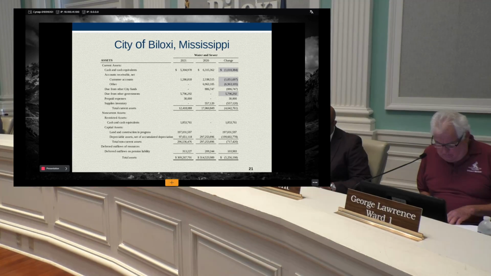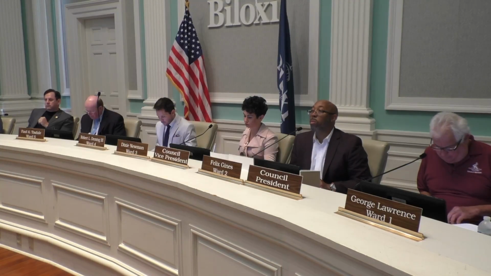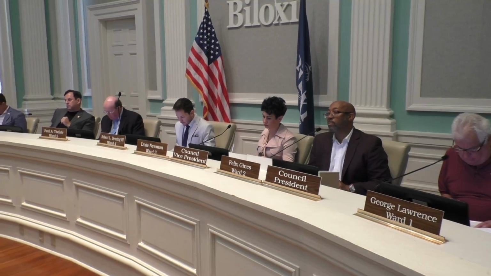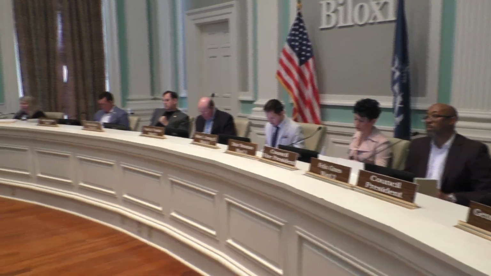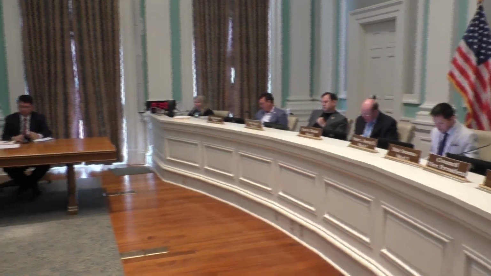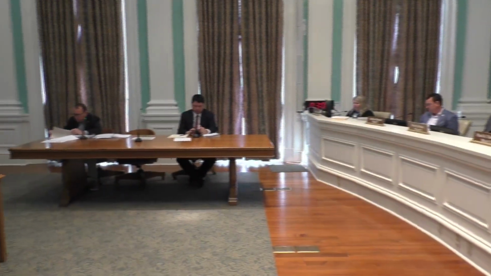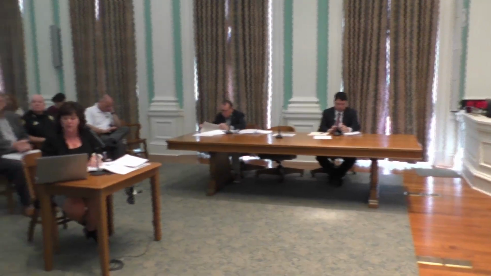You have 296 million in fixed assets, non-current assets at the end of the year, which approximates the prior year. And also, you'll see the pension liability because a proprietary fund reports the same as a government-wide, so you see the pension liability in both spots for the water and sewer fund.